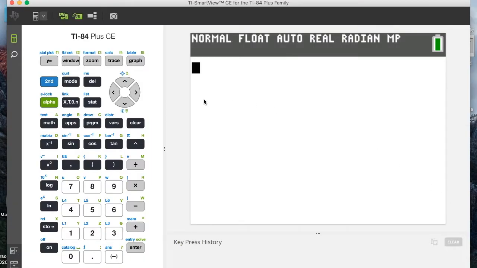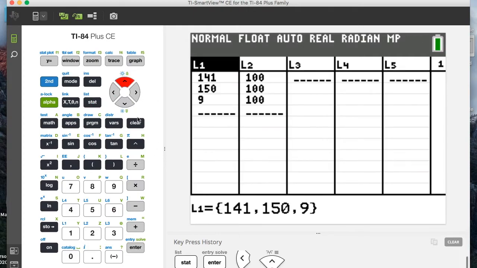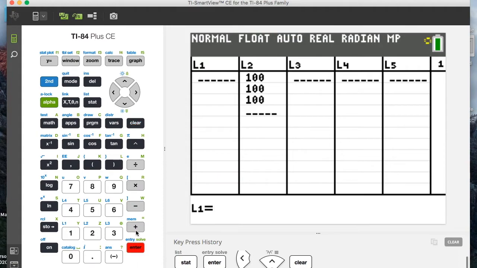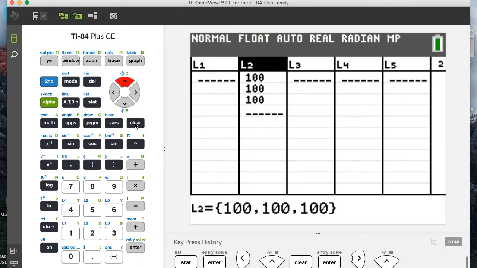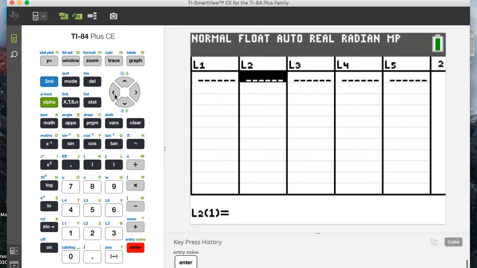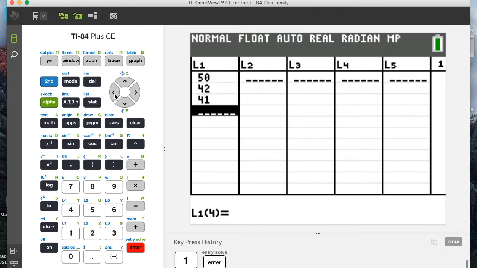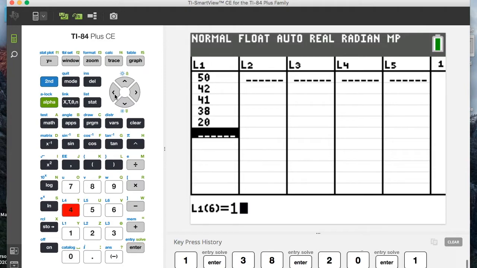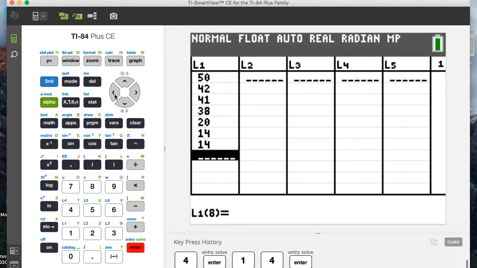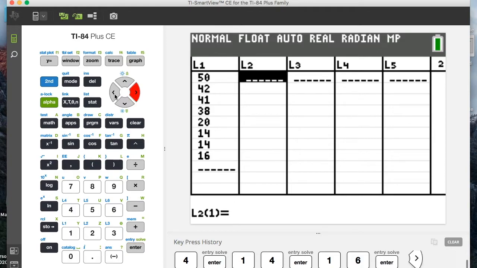Go to the calculator, stat, edit. I'm going to clear out my list from last time. This is where you can take your chance to plug in your own lists. I'm going to plug these in. 50, 42, 41. Taking your time making sure the numbers are plugged in correctly. So there's my observed values.